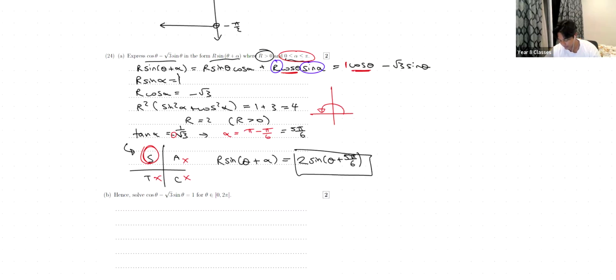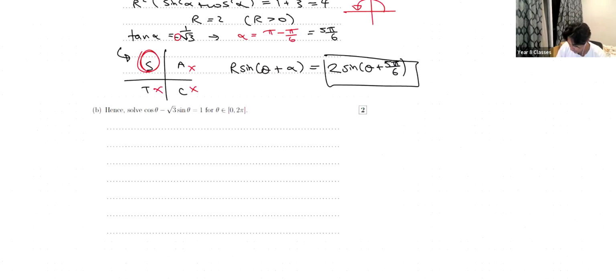Okay, and second part of the question, I'll give you some time to think. Hence, using part A, solve cos theta minus √3 sine theta equals 1 for theta between 0 and 2 pi. Take a moment to think about how you're going to approach this question.